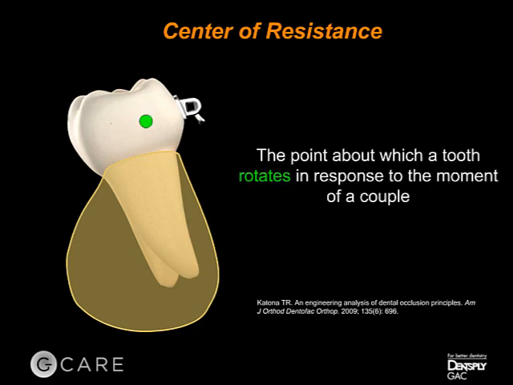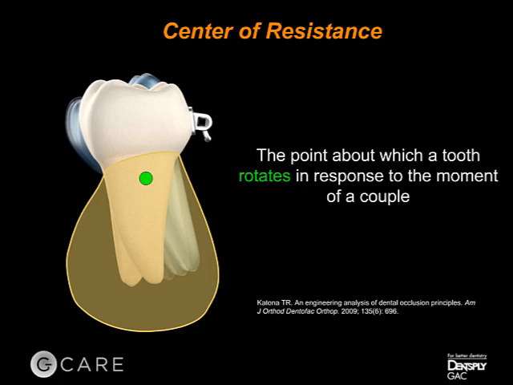His definition was that this is the point at which a tooth rotates in response to the moment of a couple. So, in other words, if this tooth is at an improper inclination, as it uprights, the center of resistance is the point at which that tooth rotates. As we try to upright those teeth and get them centered in the bone, the center of resistance is the point at which that happens.